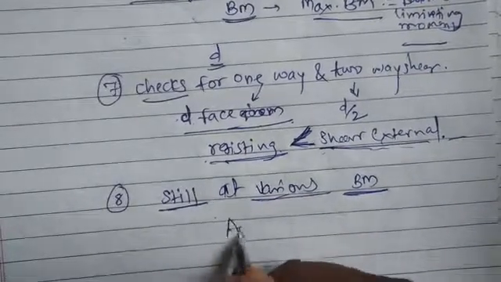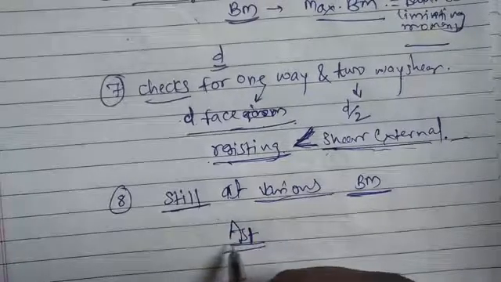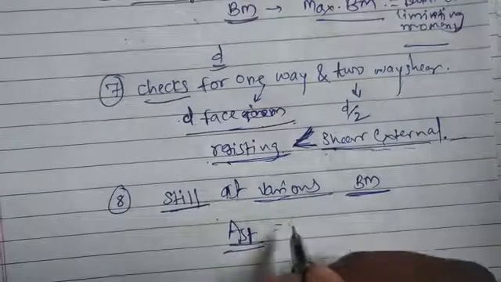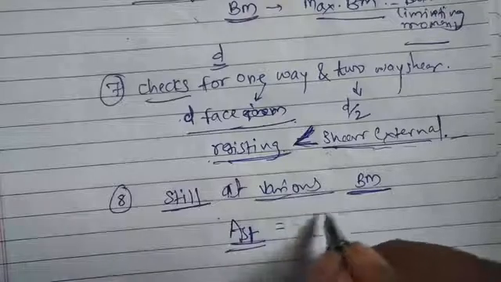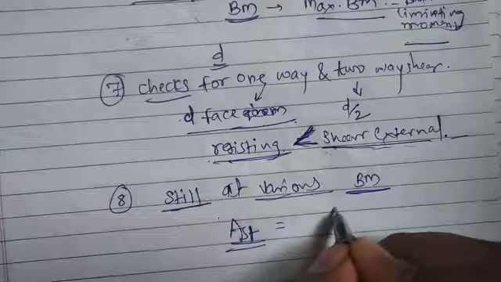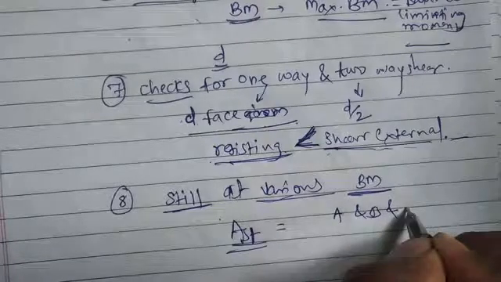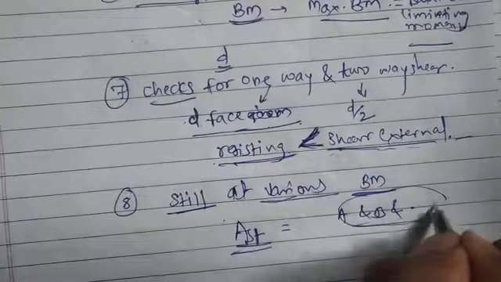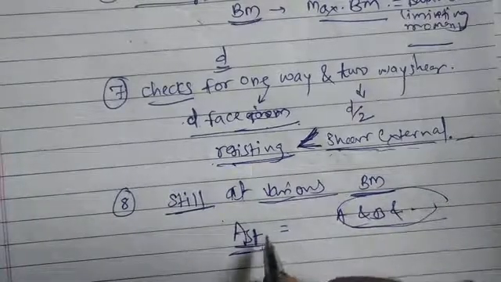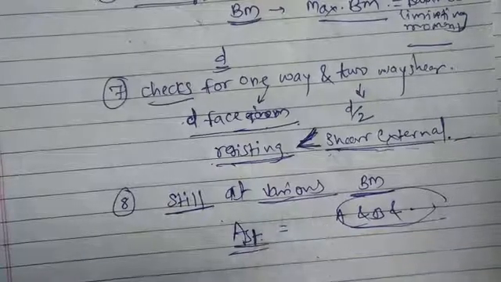So this Ast is calculated for different bending moments. In the previous problem, we calculated bending moment under column A, column B, and the maximum hogging moment in between column A and B. These three moments are taken for calculating three different areas of steel at different positions.